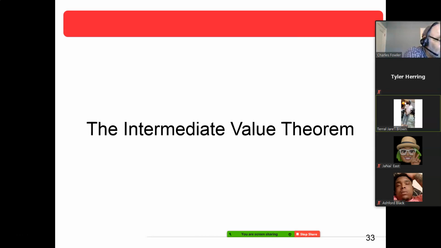Homework exercises here would include, on page 132, any of the odds 9 through 13. You should be able to do all those, but 9 through 13 will have answers in the back and at calcchat.com. 15 or 17, both at CalcChat, 17's at CalcView.